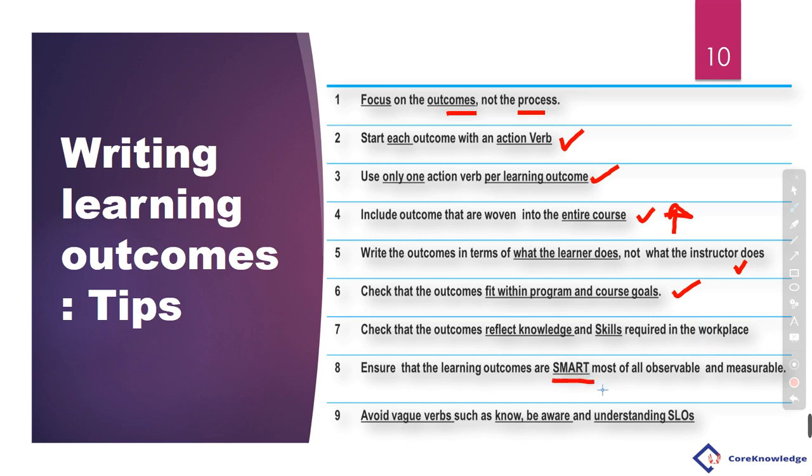Let all meet the SMART concept, and avoid vague verbs, especially know, be aware, understand. Learners should understand, learners should be able to know: these concepts are discouraged because some of them are vague and generic. Some may not be as clear as the verbs that are actually expected.